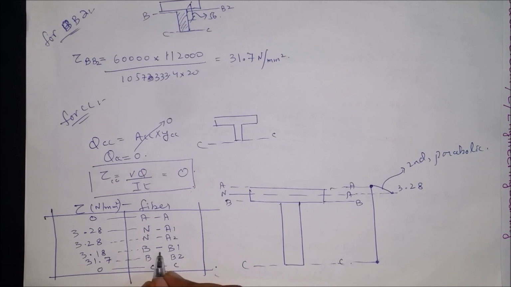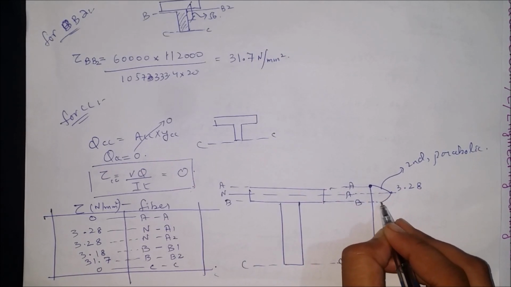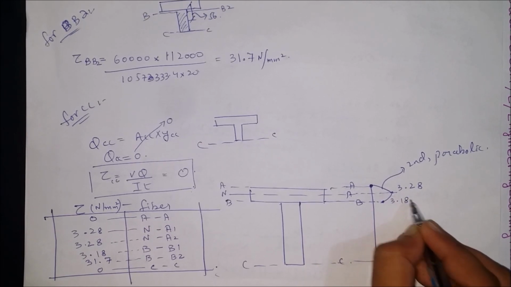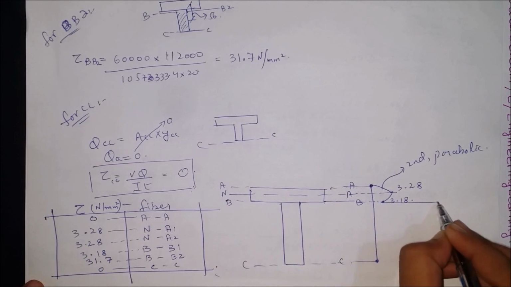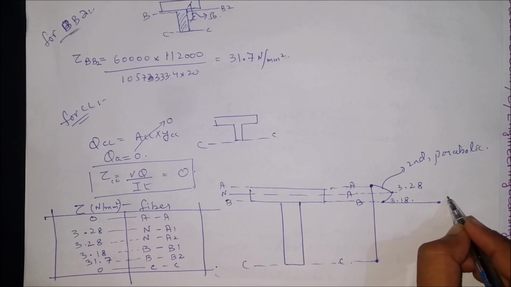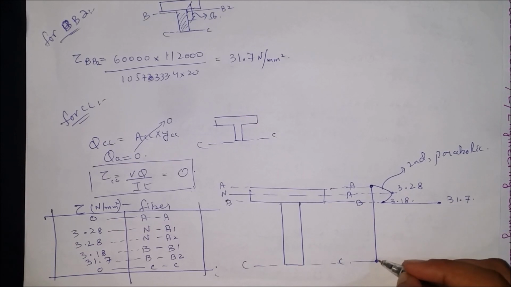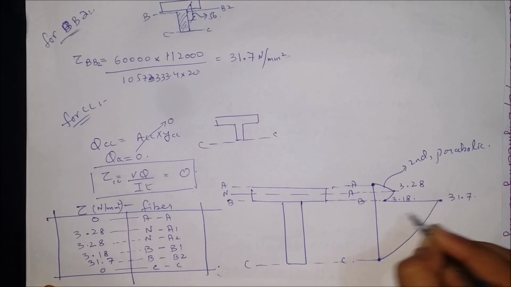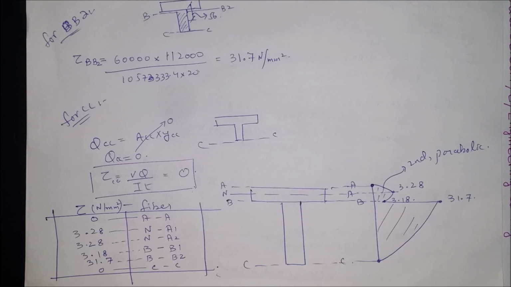Below the neutral axis the same. At fiber BB1, the value reduces to 3.18. And at fiber BB2, the value increases due to reduction in thickness to 31.7. And at fiber CC, the value is 0. Joining them by a second degree curve, this is the stress profile required.